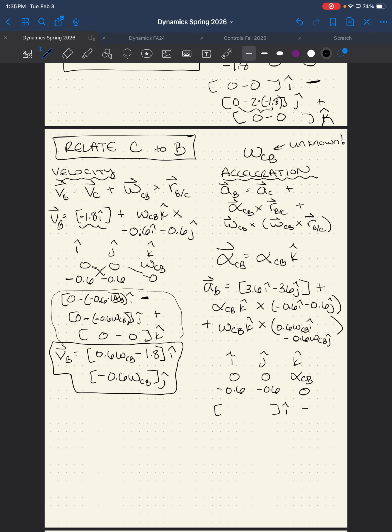Plus 0.6 omega CB squared i, plus 0.6 omega CB squared j. Wait, something's not right. No, that's right.